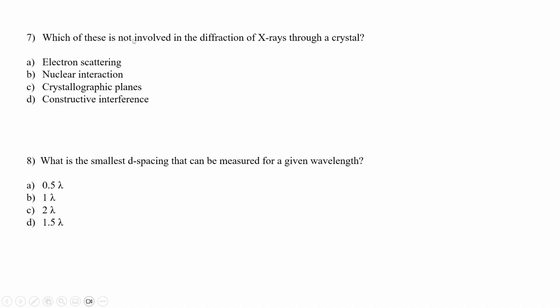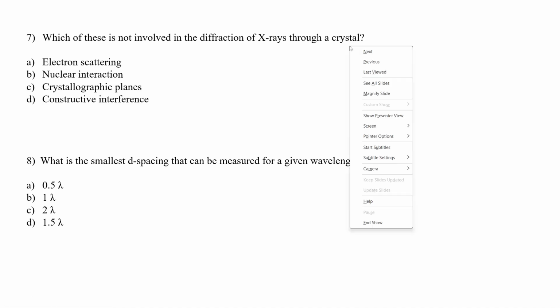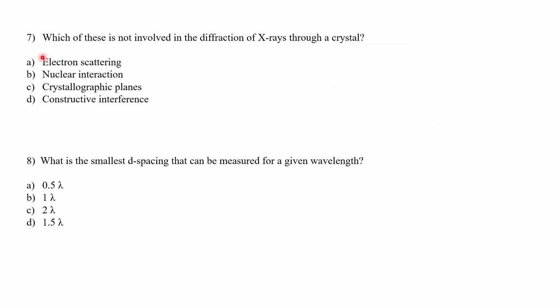It says, which of these is not involved in the diffraction of X-rays through a crystal? Any guesses? The electron scattering, the nuclear interaction, crystallographic planes, constructive interference.